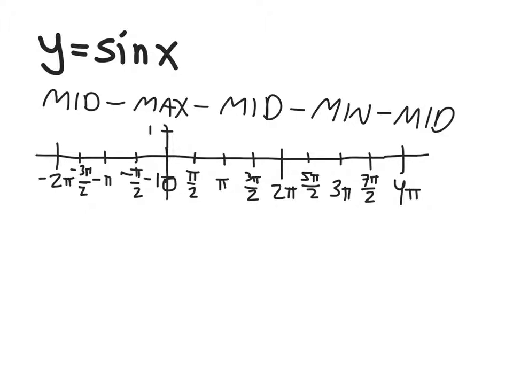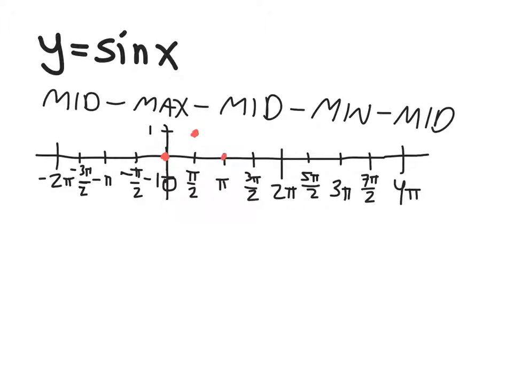So if we look at a graph of the parent function y equals sine of x, from the unit circle we know that sine of 0 is 0, so that's going to be on our midline. Then we go up to 1, so that'll be the maximum.